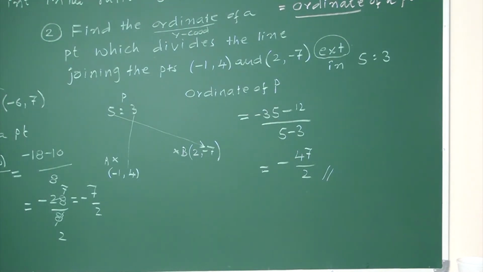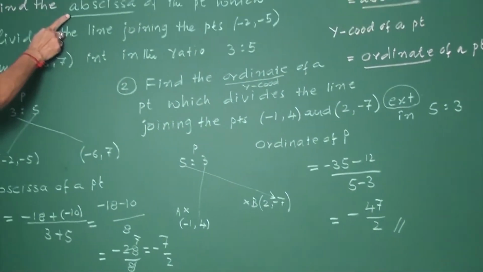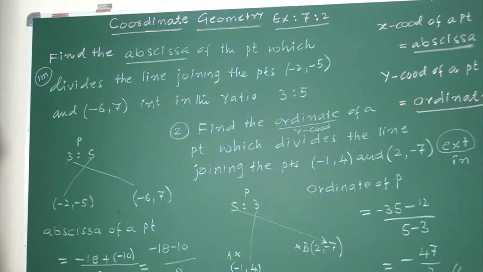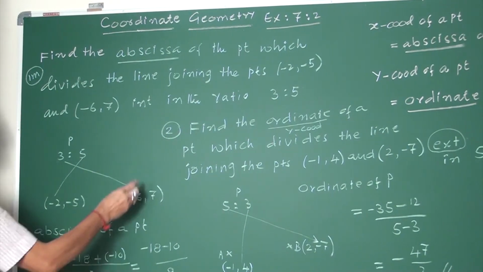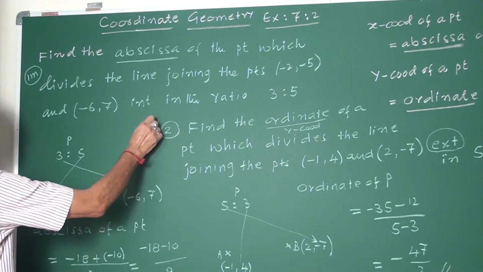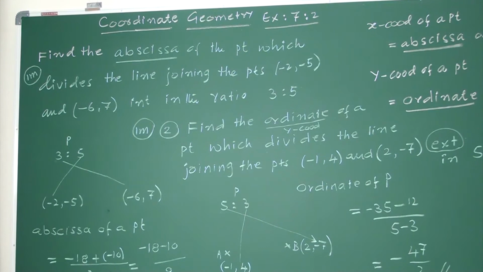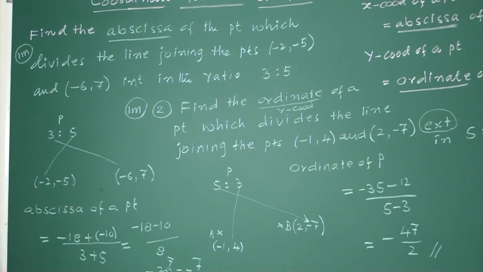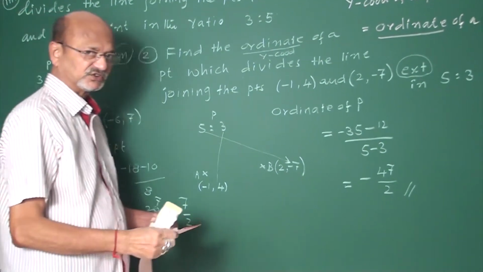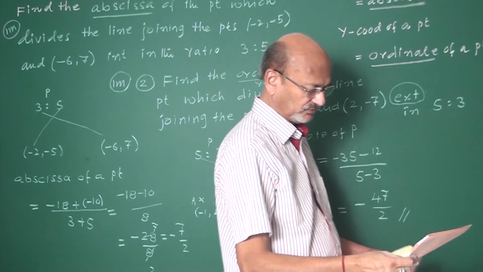This is how the examiners sometimes take the abscissa and ordinate of a point and construct questions. These come under 1 mark questions. This is the method. Abscissa means only x coordinate. Ordinate means only y coordinate. Yes, my friends.